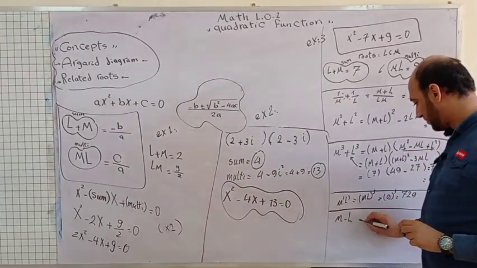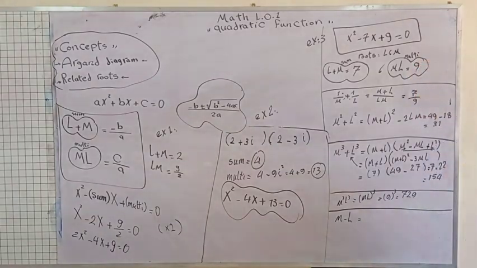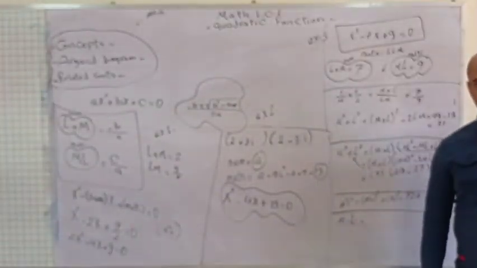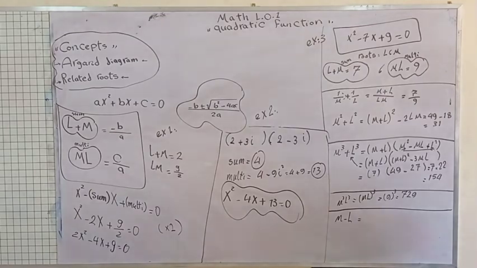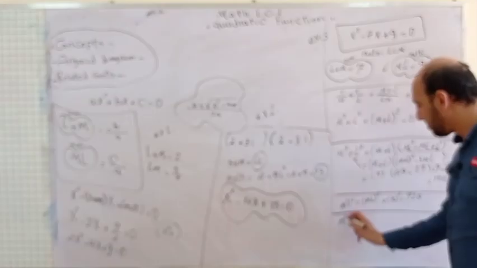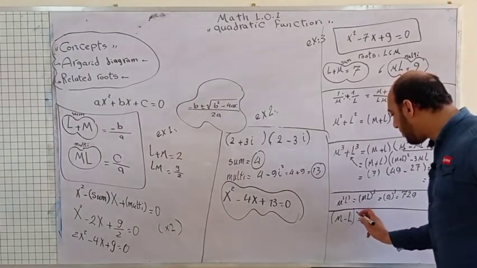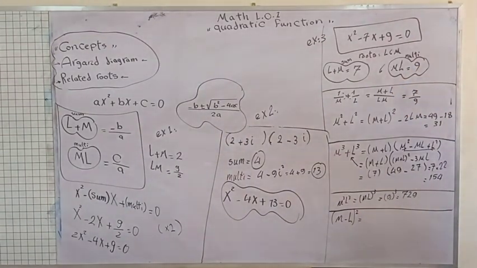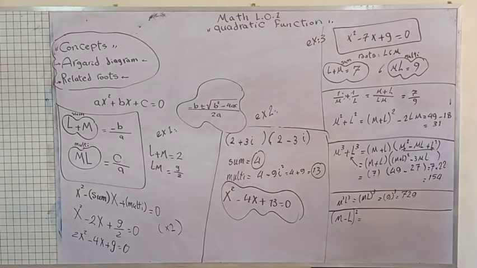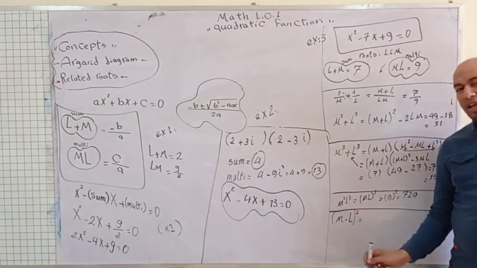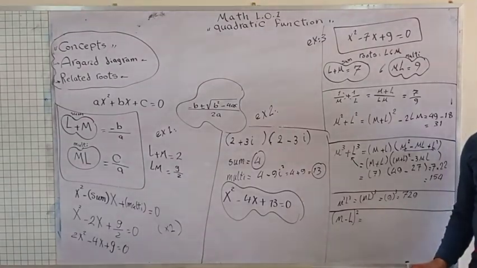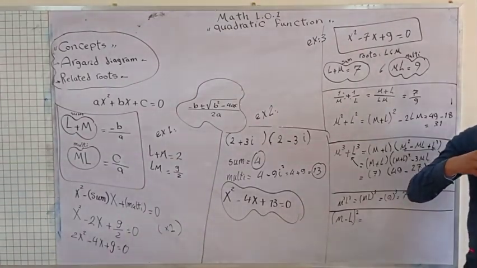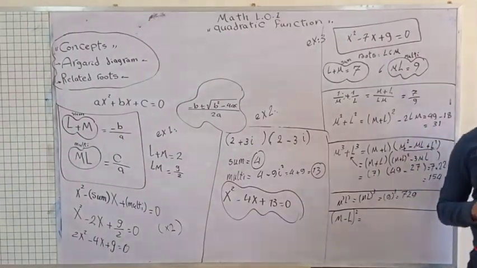To get m minus l, I will firstly get m minus l all square. Some of you may ask, but I want just m minus l, I didn't ask for m minus l all square.